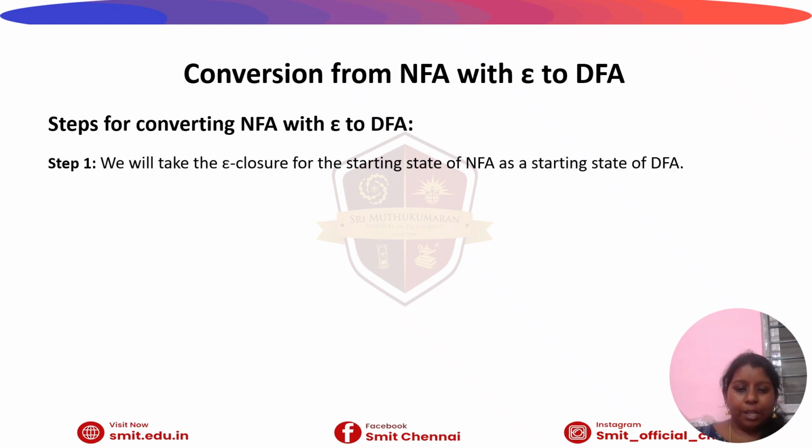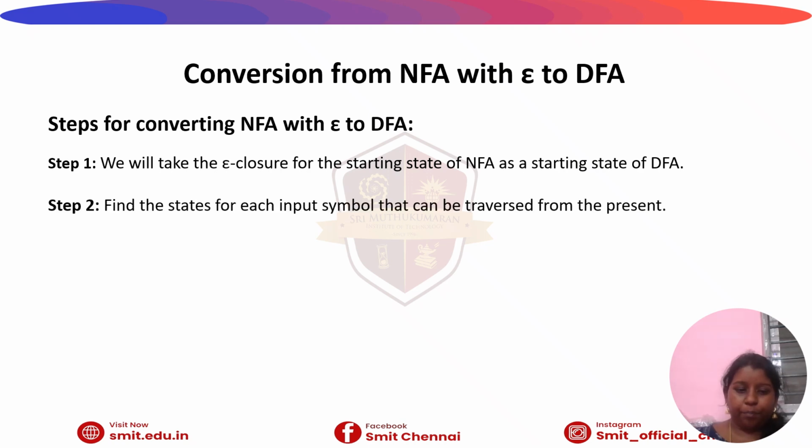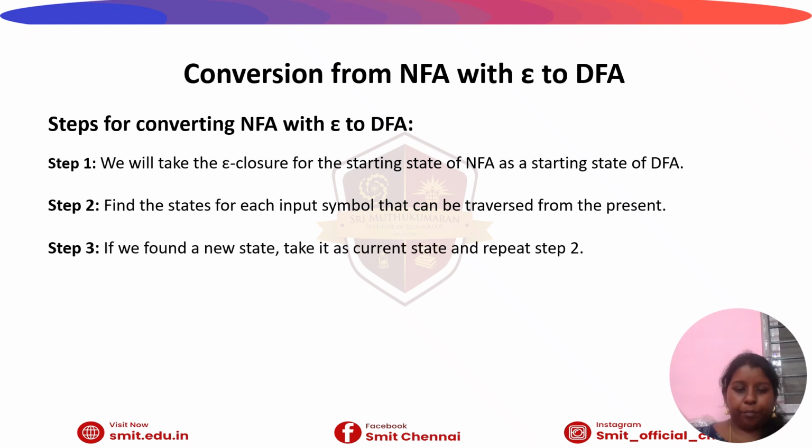In the first step, we'll find the E-closure for each state of NFA so that we can draw it for DFA. In this, for each state, we'll find the transitions of the state with each input.